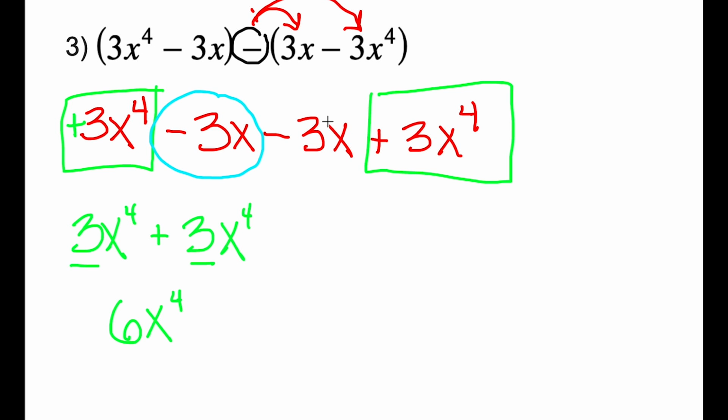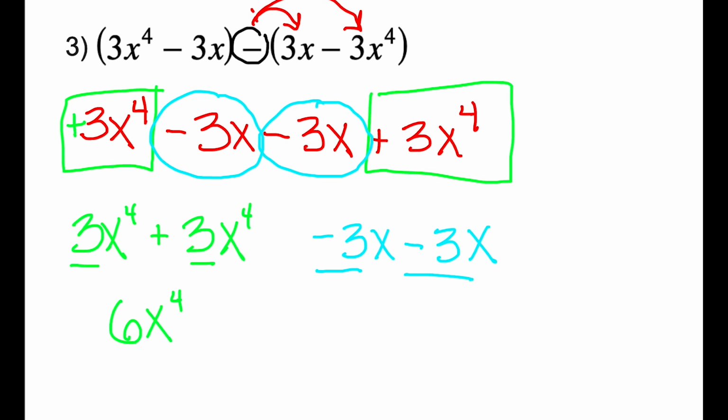For my x's to the power of 1, negative 3x minus 3x. Be careful when you are combining two negative numbers. If I take negative 3x and take 3 away from that, it actually becomes more negative. Now be careful when adding two negative numbers together.